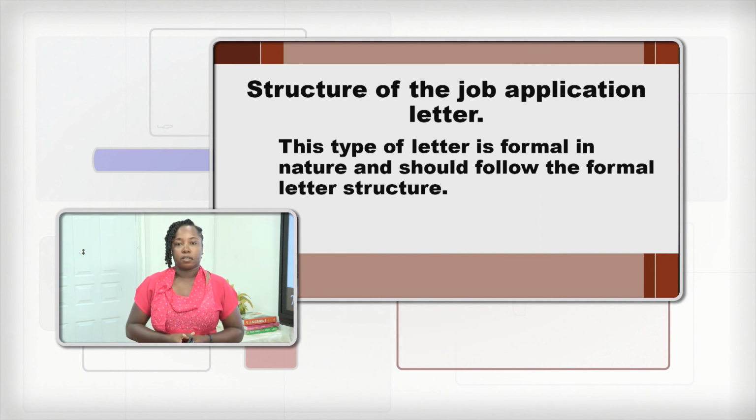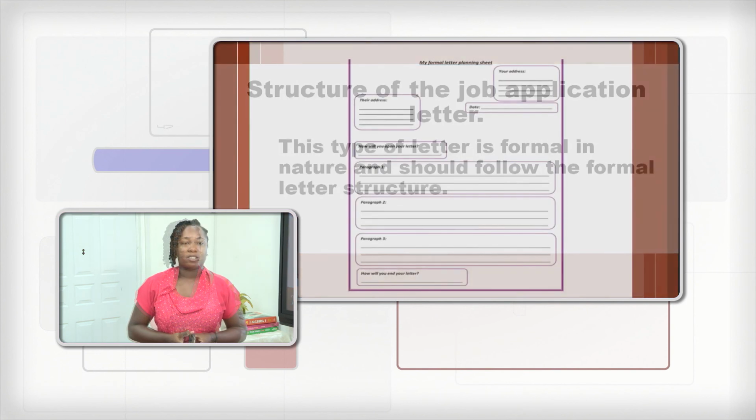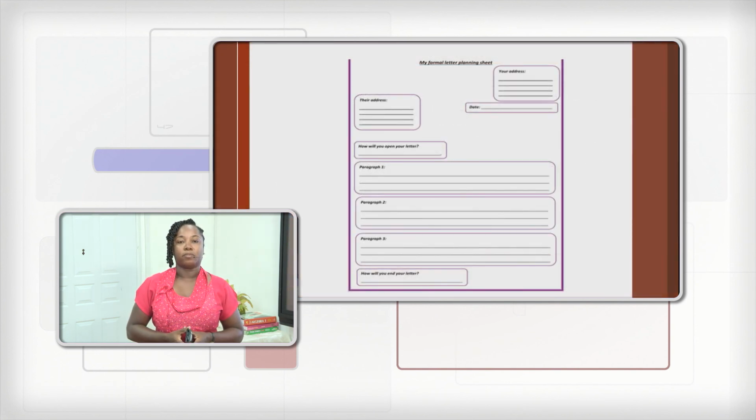Structure of the job application letter. This type of letter is formal in nature and should follow the formal letter structure. I hope you can remember the formal letter structure, but just in case you don't remember, I will refresh you. Just to remind you of one format of the formal letter, this style is the indented style.